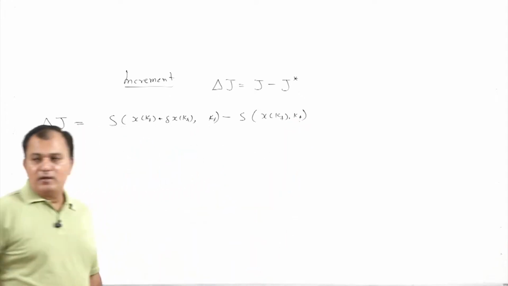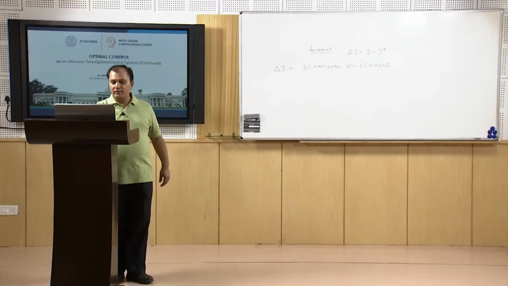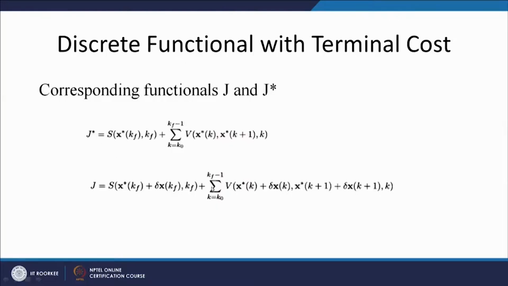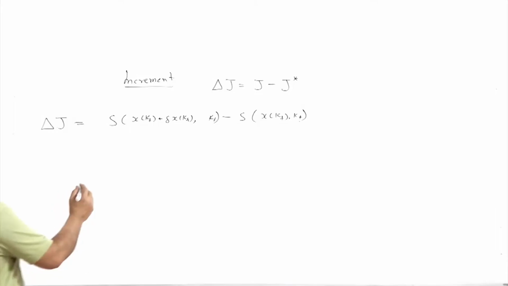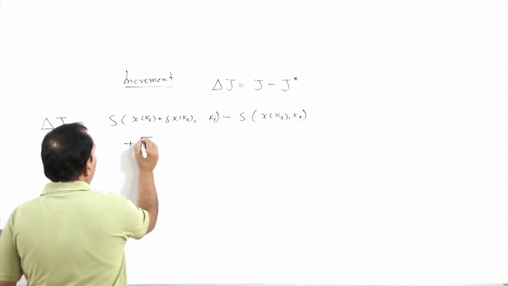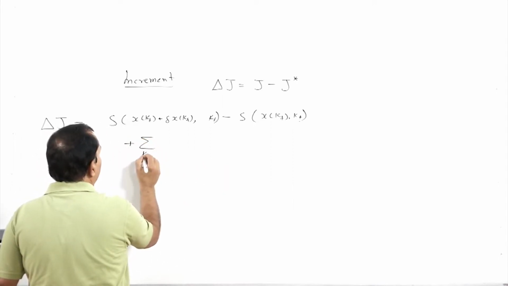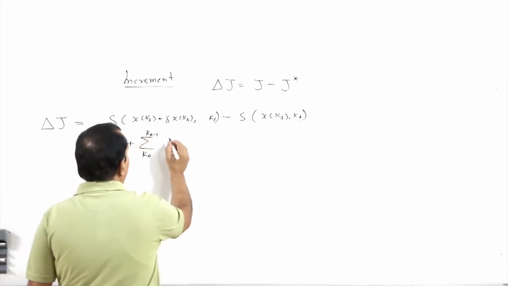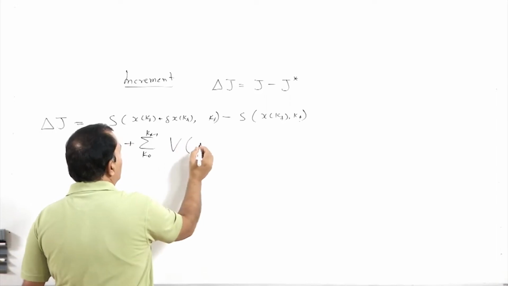These are the first two terms I am subtracting, j minus j star, and second will be the summation subtraction, plus the sum from k0 to kf minus 1 of v.